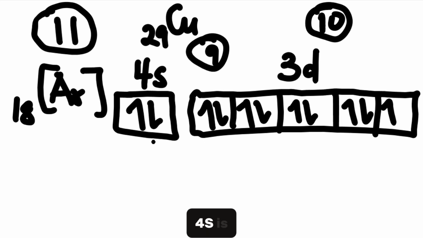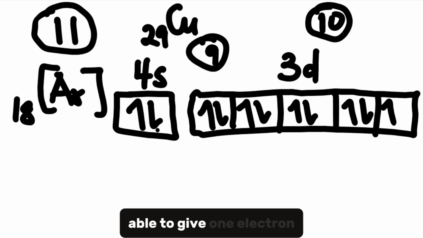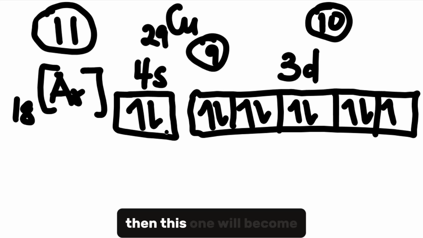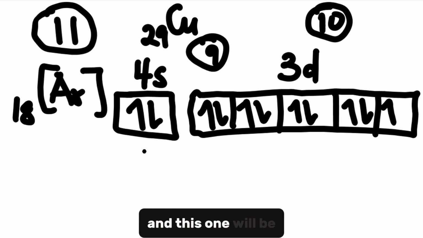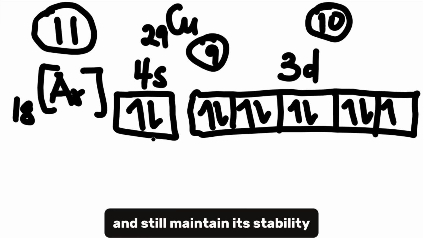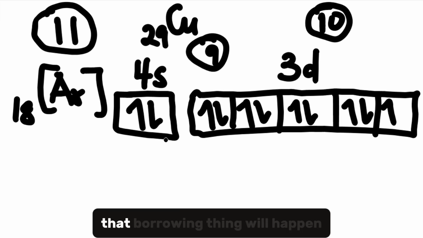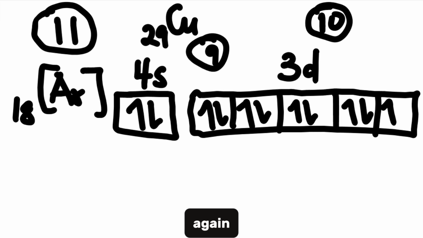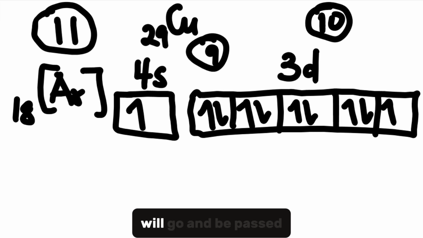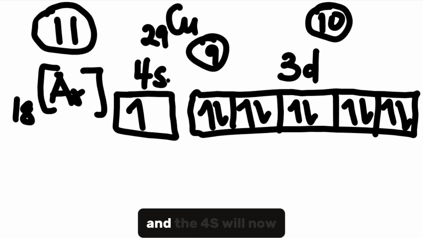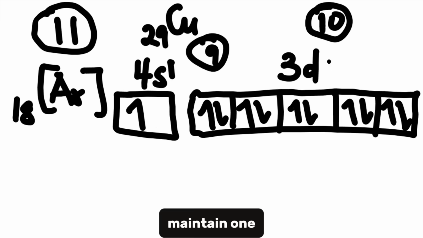And if this 4s is able to give one electron to this guy again, then this one will become fully stable, and this guy will be half filled and still maintaining stability as well. So if that borrowing thing happens again, then one electron from here will be passed and pair up with this one to make this guy fully stable, with 10 electrons in the d, and the 4s will now maintain 1.